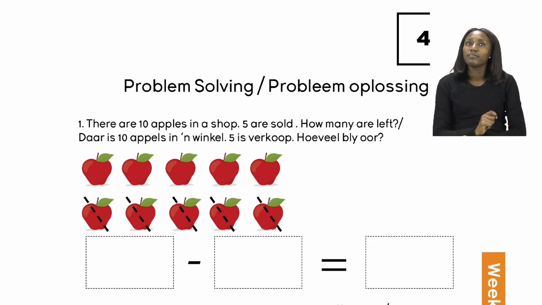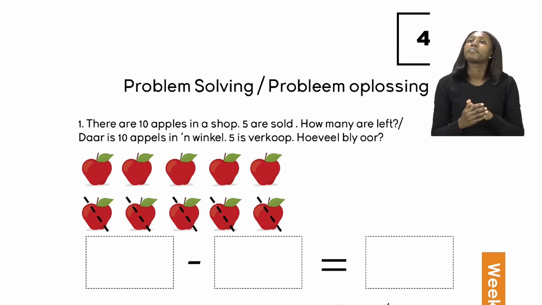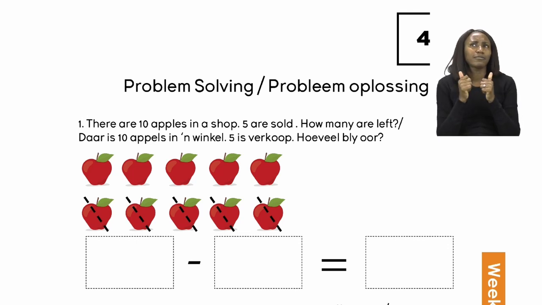Let's do this together. Remember, we need to cross out 5 apples. 1, 2, 3, 4, 5. Well done. So now in the next one, you're going to write the number 5.